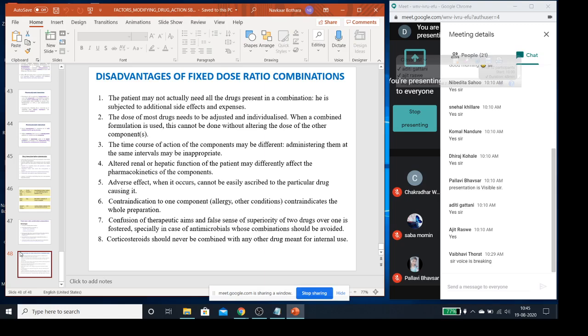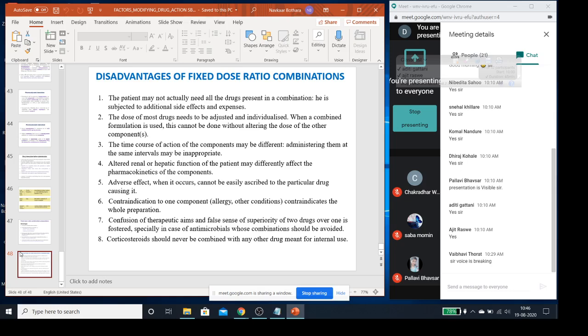Third, they are distributed; some drugs are protein bound, some are not. Then they are excreted. Each drug has a different time for absorption, distribution, metabolism and excretion. Some drugs are rapidly excreted, some less rapidly, and therefore the half-life of each drug is different.